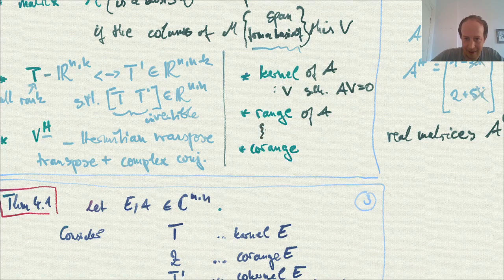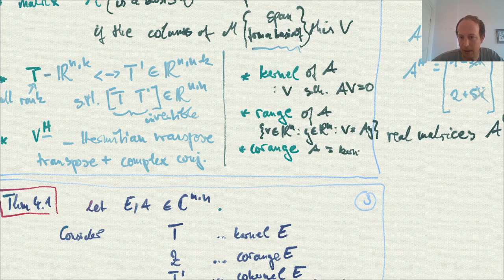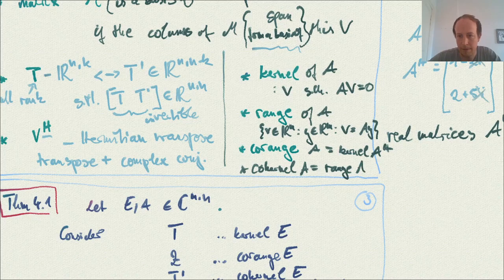Okay, this is the set of V in Rn such that there exists a Y in Rm such that V is A times Y. So that's, so to say, all vectors that we can construct with the columns of A. The corange of A is the same as the kernel of AH, and the co-kernel of A, the kernel of AH, is the range of AH.